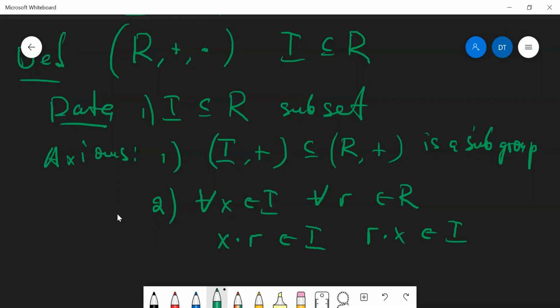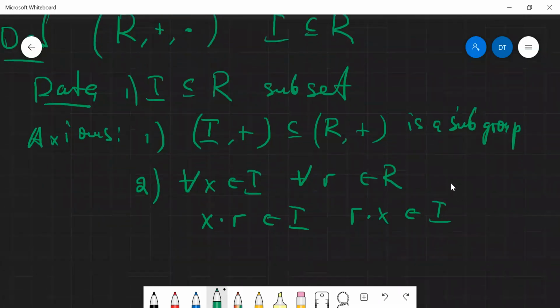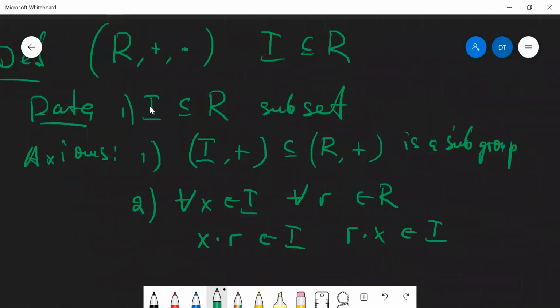So let me repeat the definition. An ideal is a subset of our ring such that it is closed under addition. Well, actually, it contains the zero element and is closed under subtraction, so with each element A, A minus A is also in the ideal.